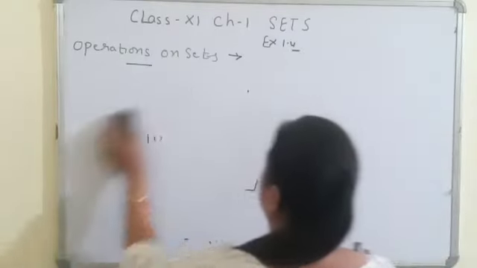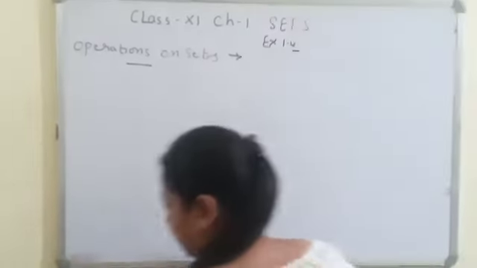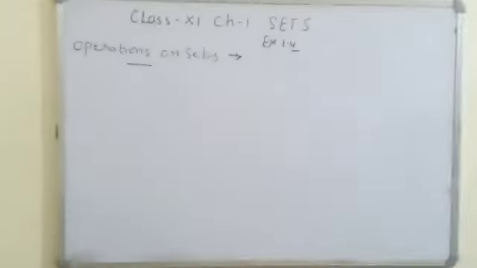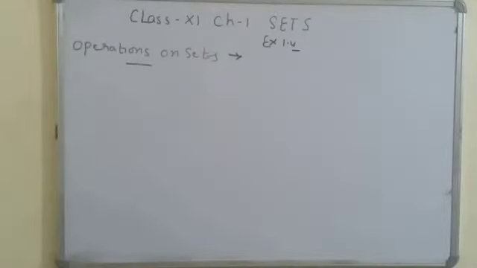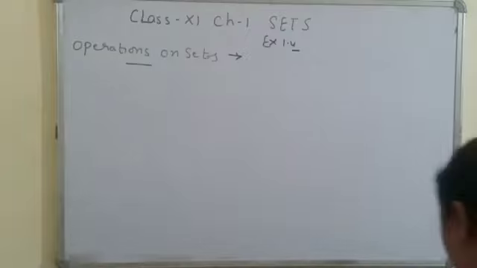Now let's discuss the question, question 5. Find the intersection of each pair of sets in question 1. In question 1 there are 5 parts, and we have to find the intersection of each.